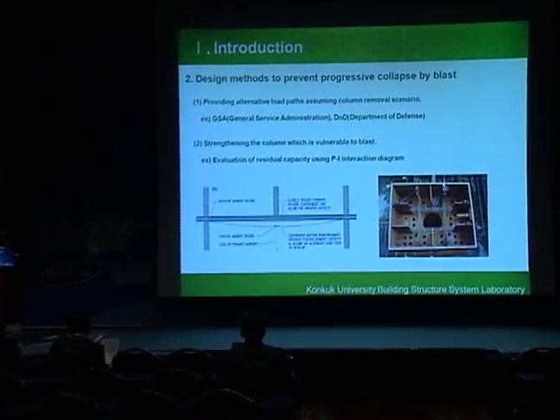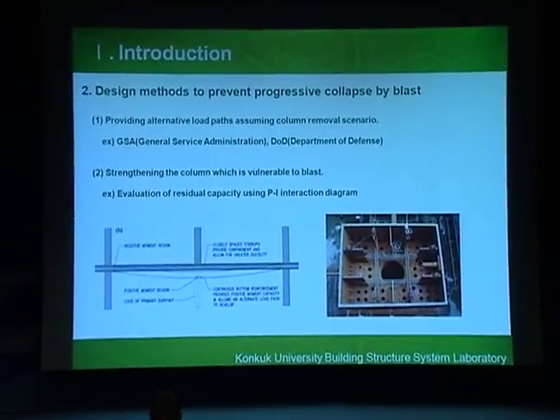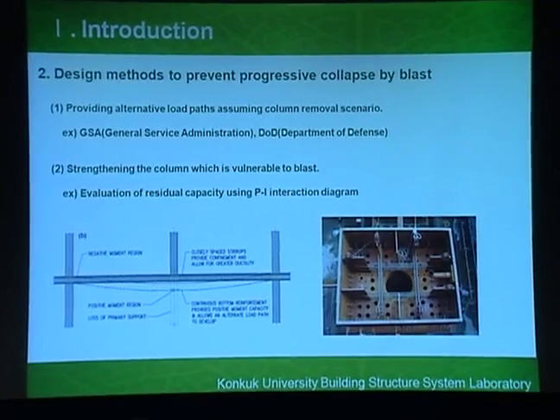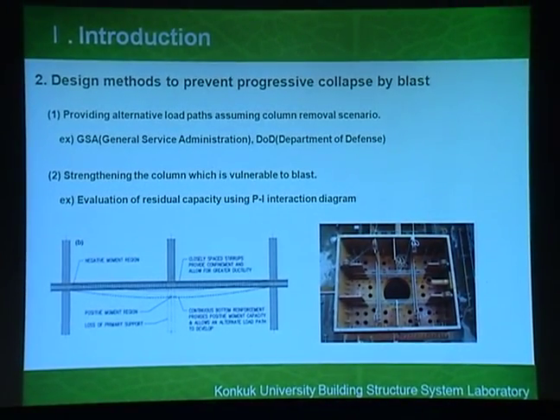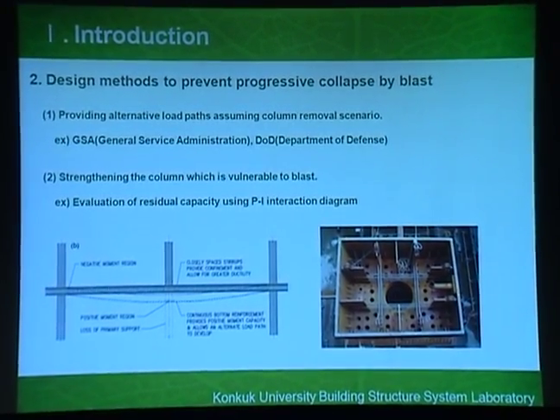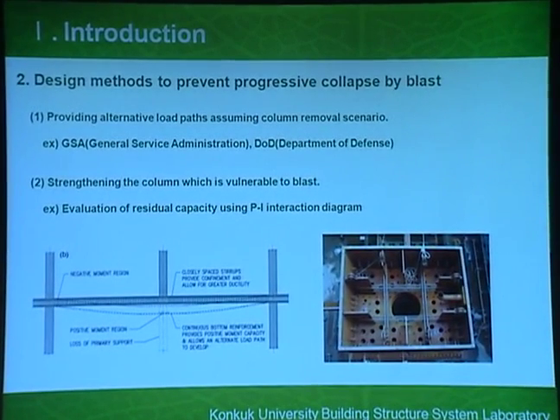I think it's not appropriate for a tall building because tall buildings usually use very special structural systems like this mega column. This is a typical mega column which is used in Taipei 101. It is a very huge CFT column.